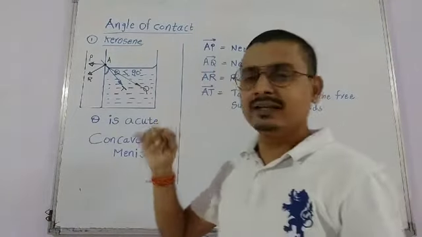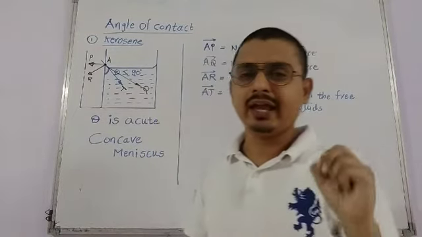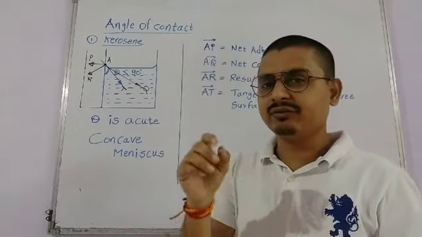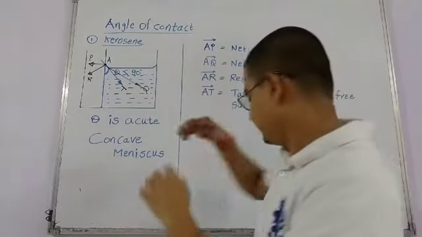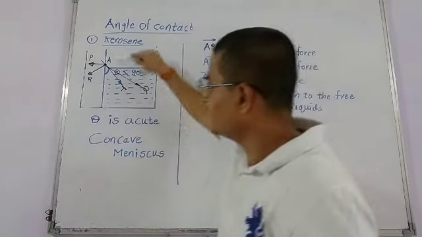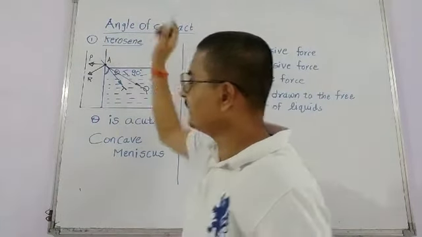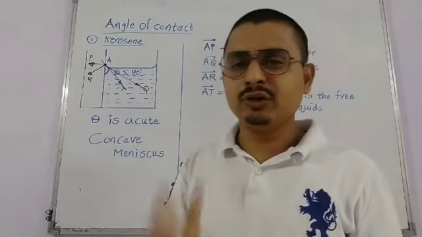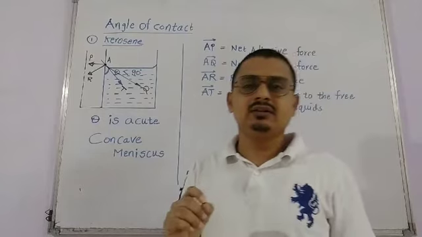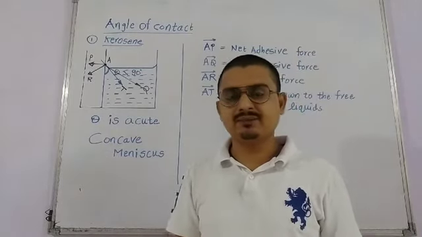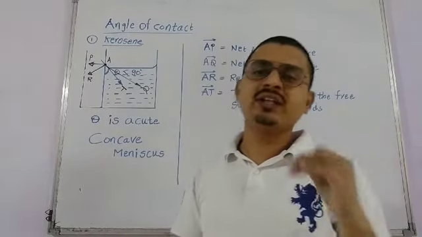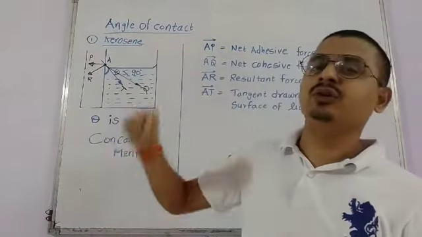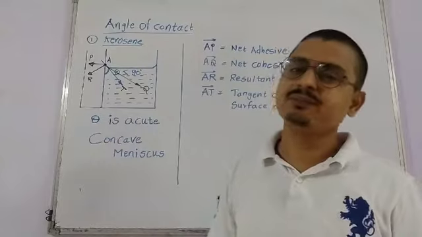Okay, let us consider a single molecule A. This molecule A is at the contact between the solid and the liquid. Now we'll assume that at molecule A there are two forces acting. First is the cohesive force between A and the other molecules of the liquid, that is kerosene.